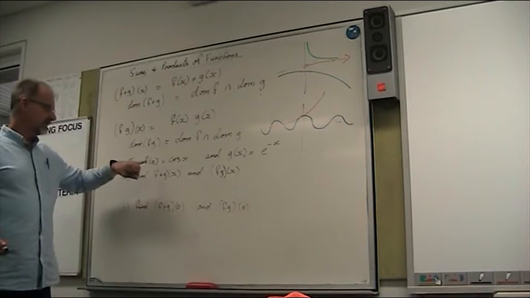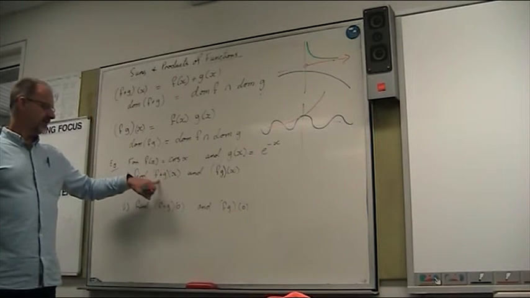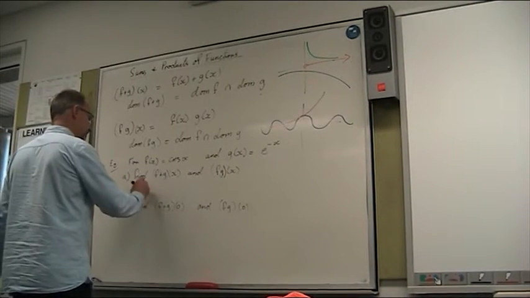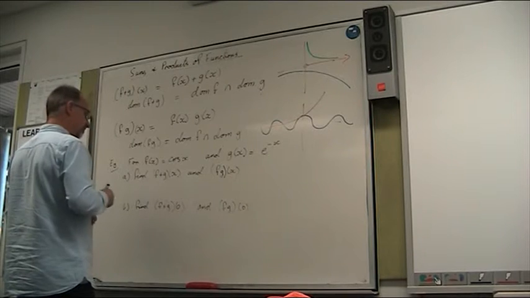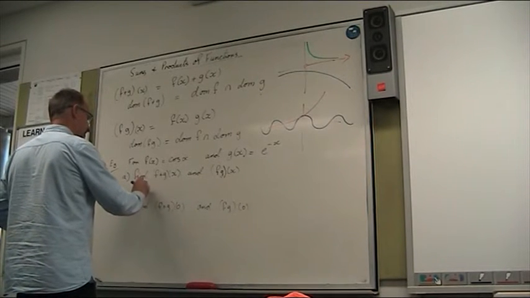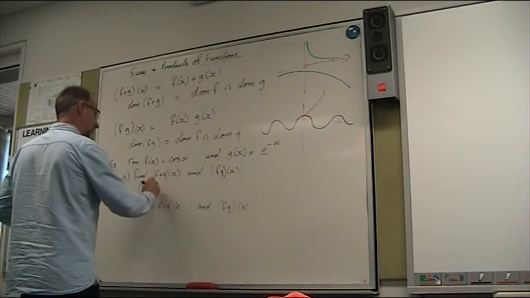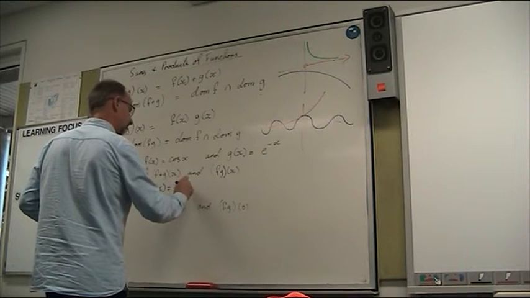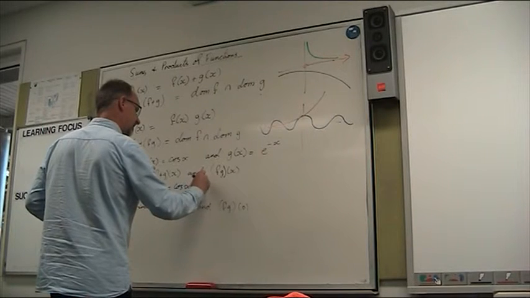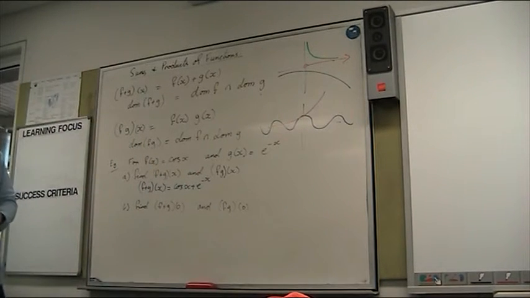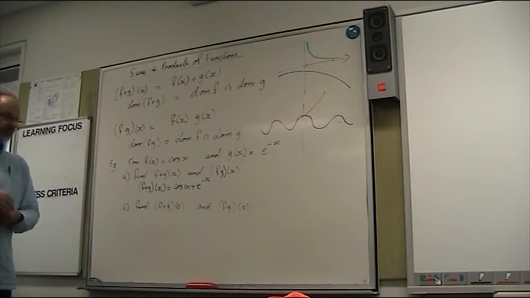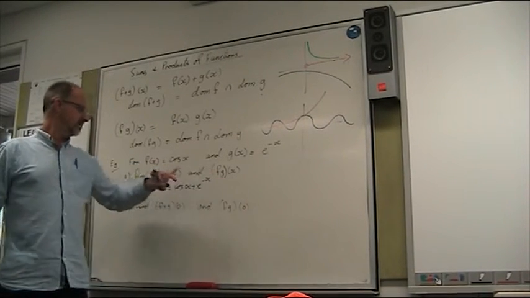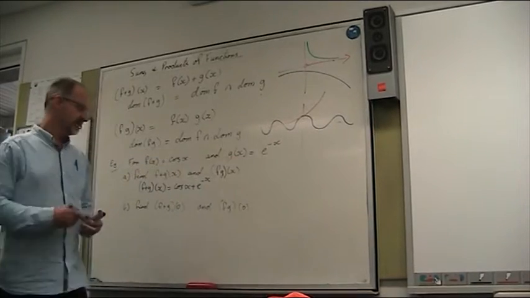So all we need to do, for f plus g, is just add these together. So f plus g, put it in blue so it stands out. So simply just cos x plus e to the minus x. Simple as that. And fg of x is when we just multiply these two things together.